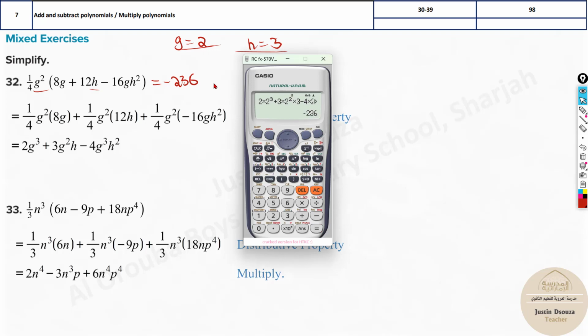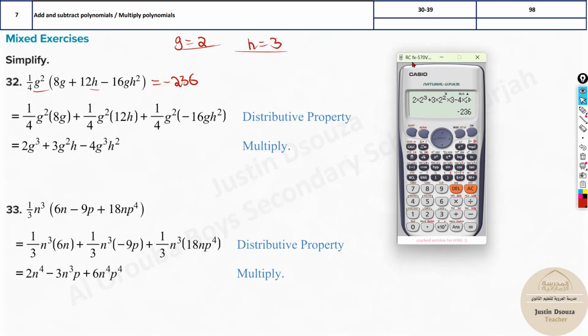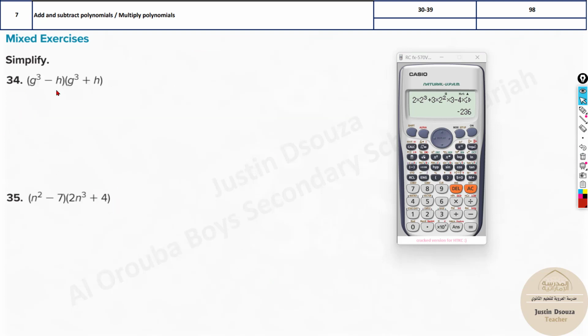Okay. This is again negative 236. The other answers cannot be the same. If that is the same, it's the same answer. It's not possible. So when you do this method, only one answer will give you the same correct value. That's how we can eliminate others. But my suggestion would be to just do the distributive properties and solve it by yourself, because that won't take much time. Same thing here.